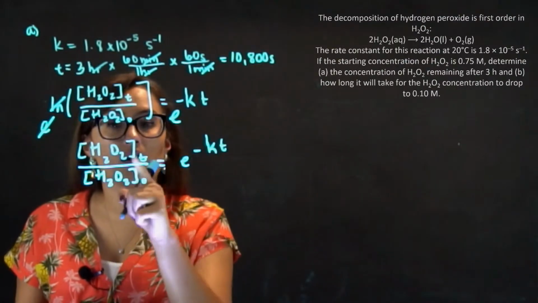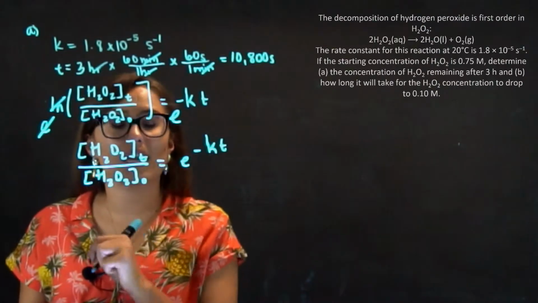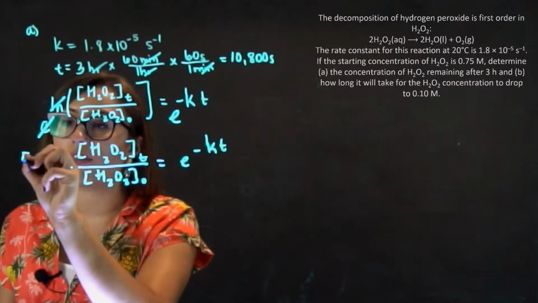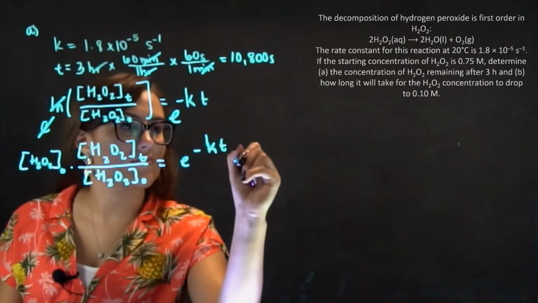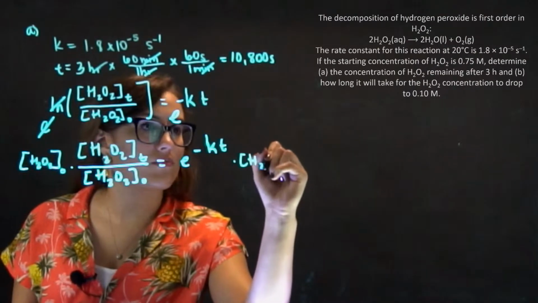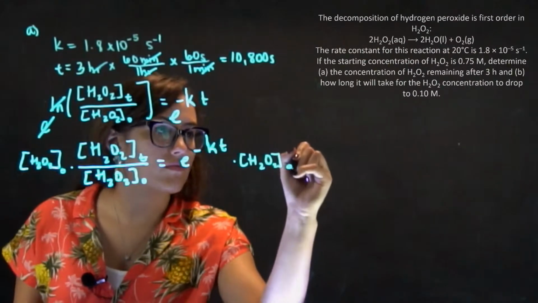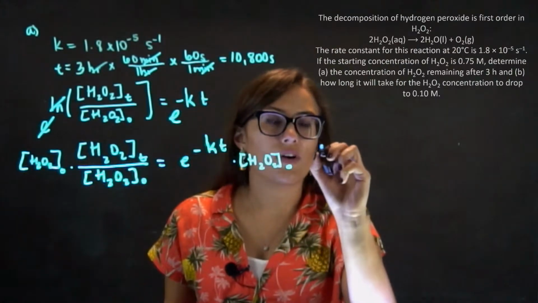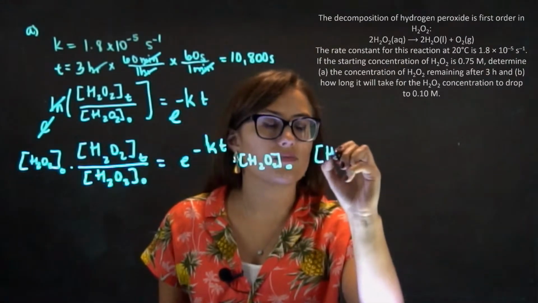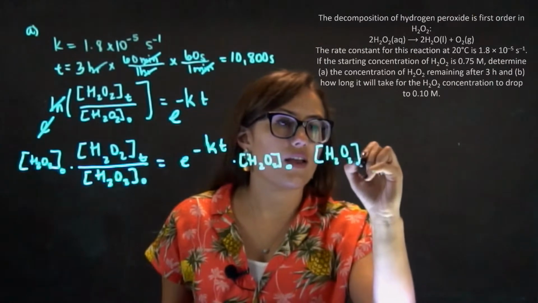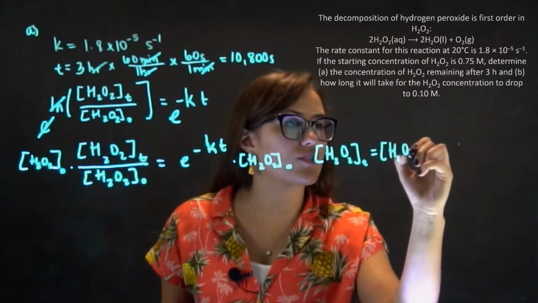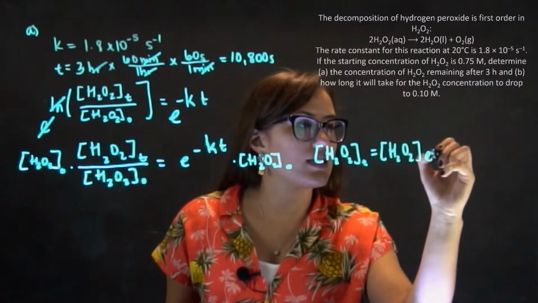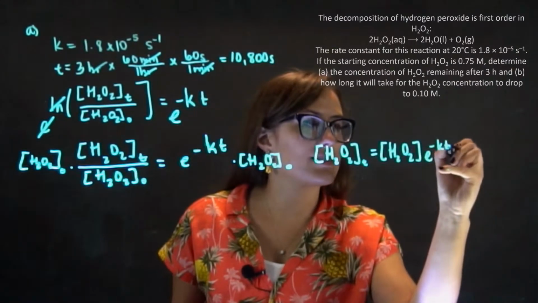Well, we want to solve for hydrogen peroxide at some time, so we multiply both sides by the initial concentration. And then we get this simplified down to the concentration of hydrogen peroxide at 3 hours is equal to the initial concentration of hydrogen peroxide times e to the negative kt.